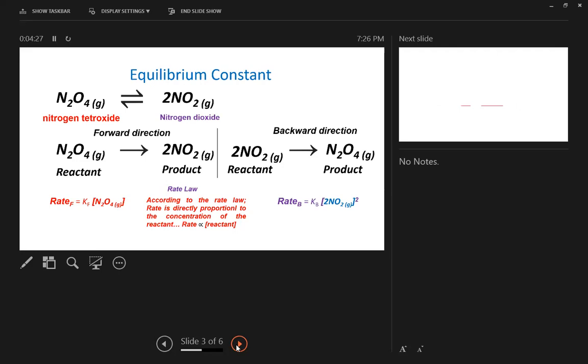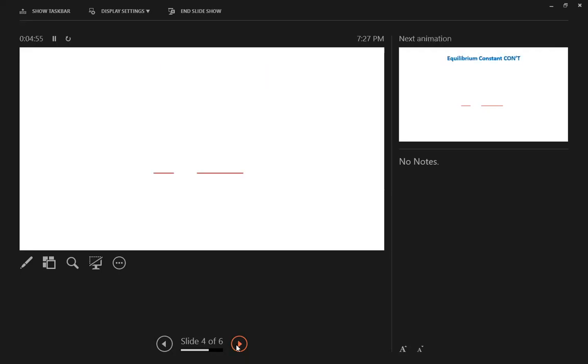You can see it is raised to the power of 2, because if you look at the equation in the backward direction, nitrogen dioxide has a coefficient of 2. So the rate law in this case is equal to the concentration raised to the coefficient of that very component, the reactant.